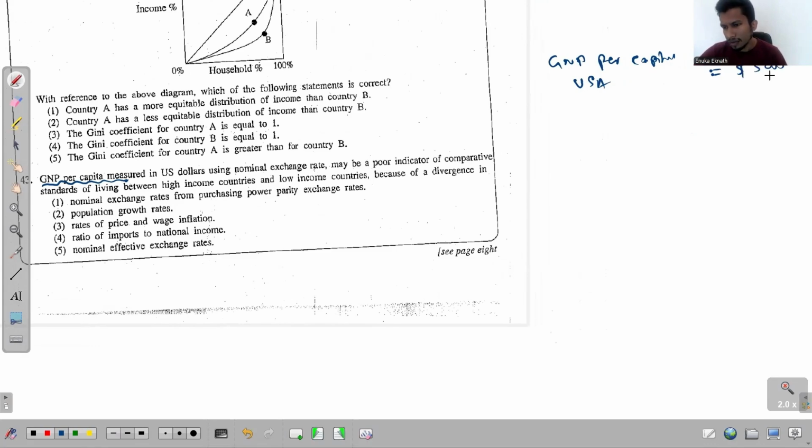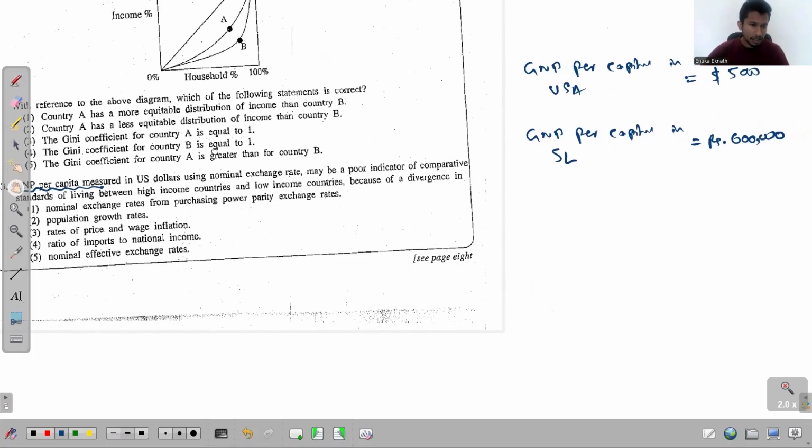And in Sri Lanka, let me write GNP per capita in Sri Lanka. Let's assume this to be rupees 600,000. Just a hypothetical value. Let's assume this to be rupees 600,000.